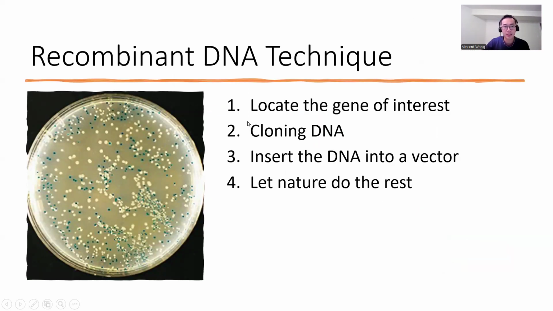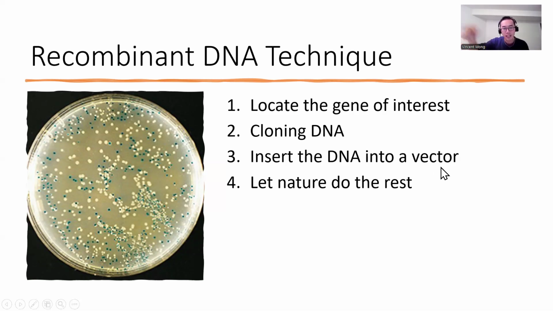In order to basically turn bacteria into insulin factories, there are four steps we need to do. We have to locate the gene of interest. We have to find out where the gene is in the human genome. Once we found the gene, we have to clone the gene. We have to clone the DNA, make a lot of copies of just that gene. Then we're going to feed it to the vector.